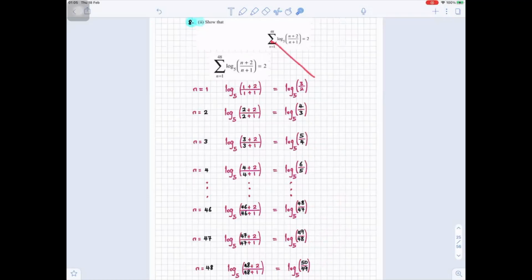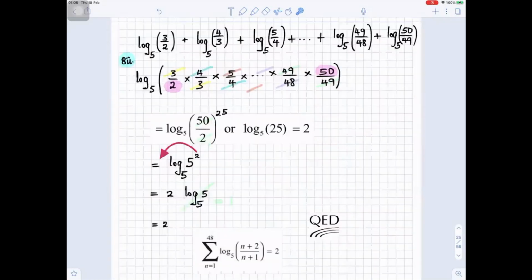Now this thing means sum, means we add them up. So it means we add all of them up. So when we add them up, it will be log of 3 over 2 to the base 5 plus log of 4 over 3 to the base 5 plus log of 5 over 4 to the base 5. It carries on until we get to log of 49 over 48 to the base 5 plus the last one, log of 50 over 49 to the base 5.